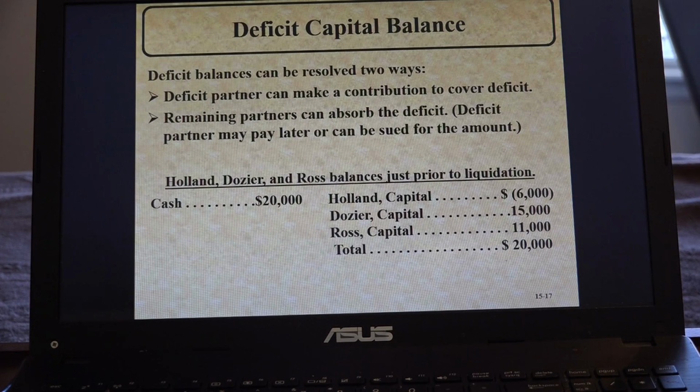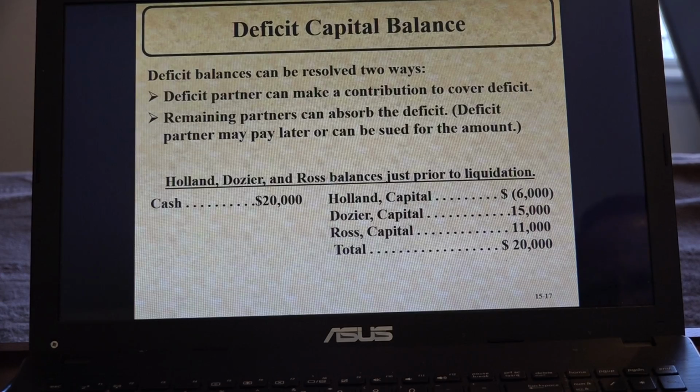Now here, you've got these partners. The allocation of gains, or excuse me, income and losses is based upon a 4-4-2 ratio between Holland, Dozier, and Ross. What happens if Holland doesn't pay up?